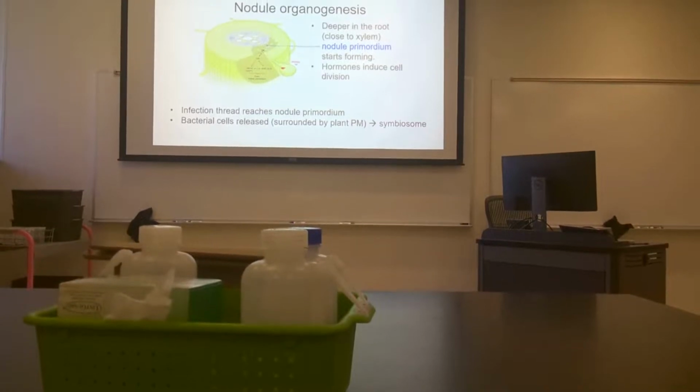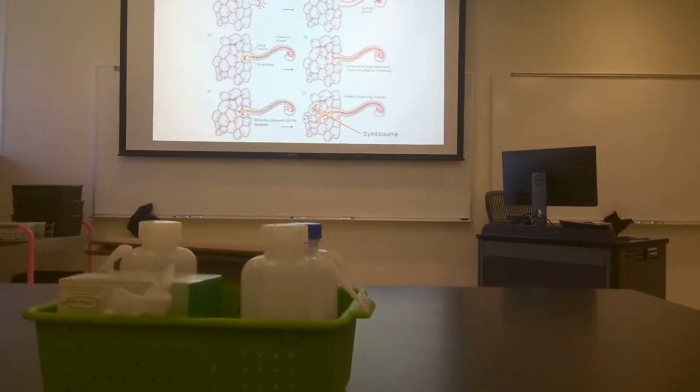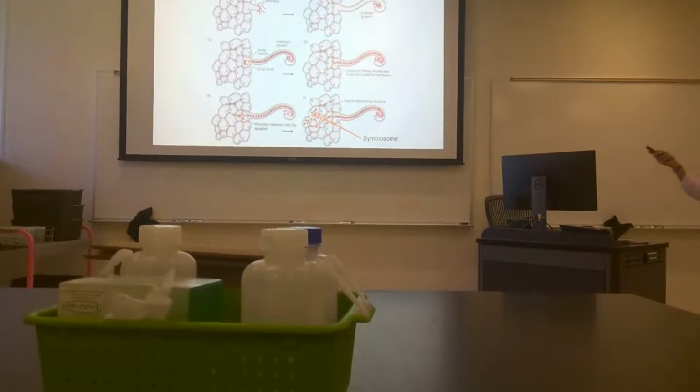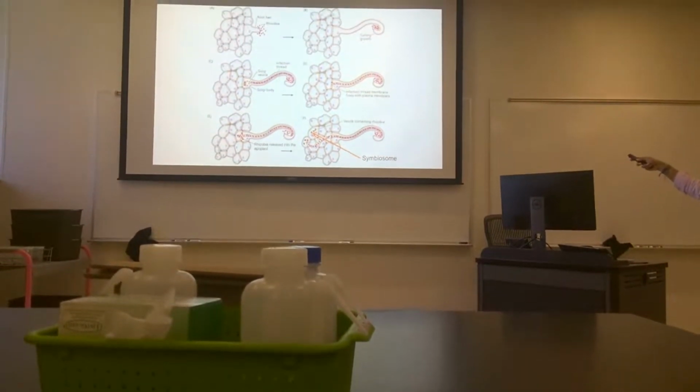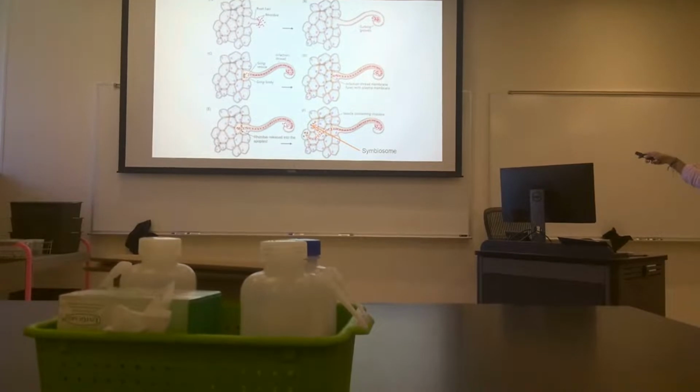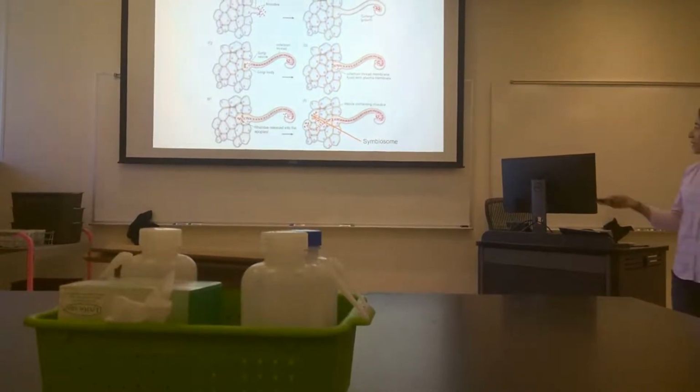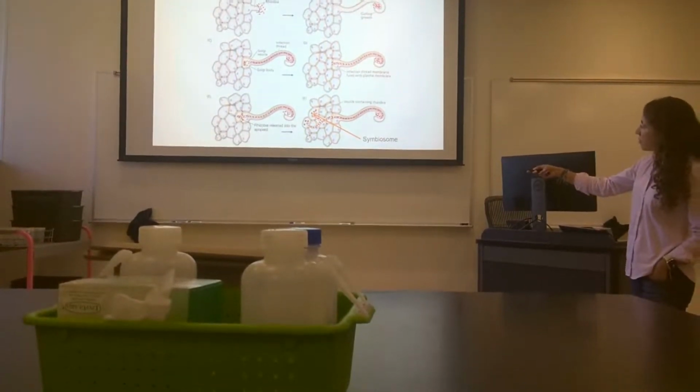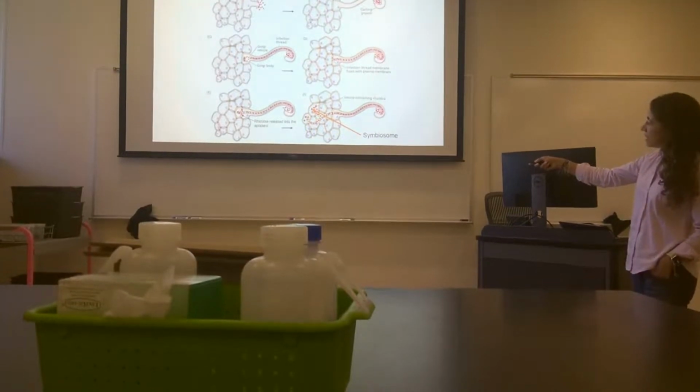And so, basically that's what happens. The root hair elongates and curls, the bacteria get in, and then the symbiosome is formed.